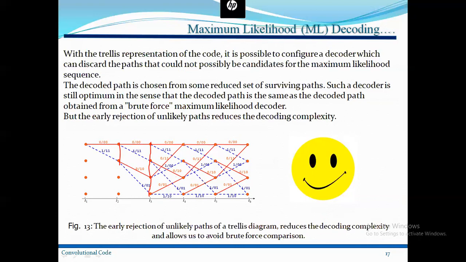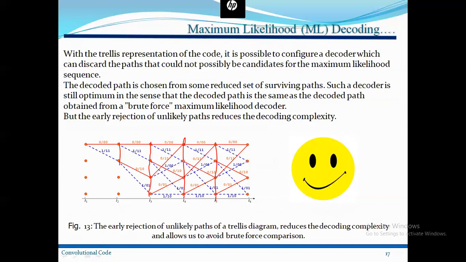If you compare time T4, again you have 8 paths, and at time T5 again you have 8 paths. So at every instant, every state converges 2 paths.